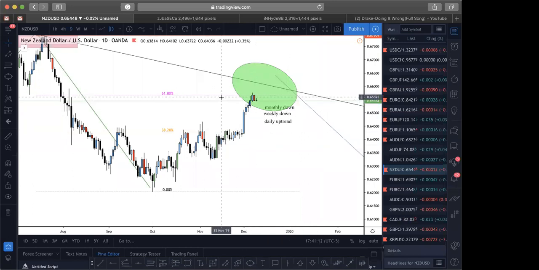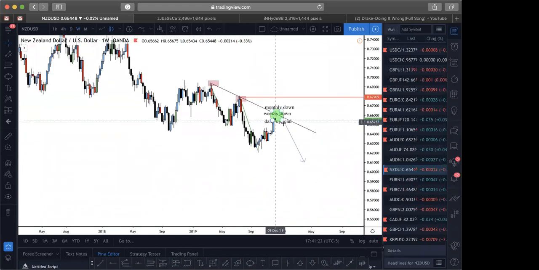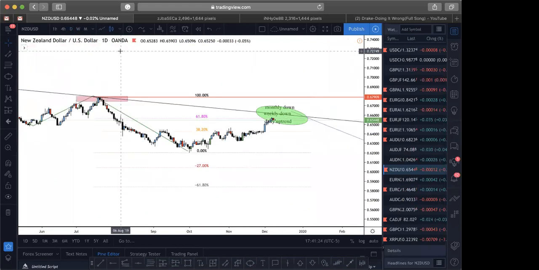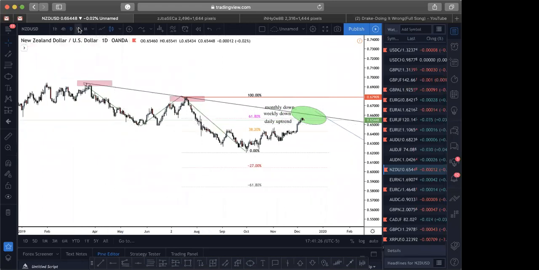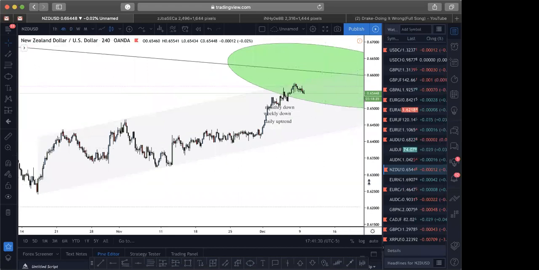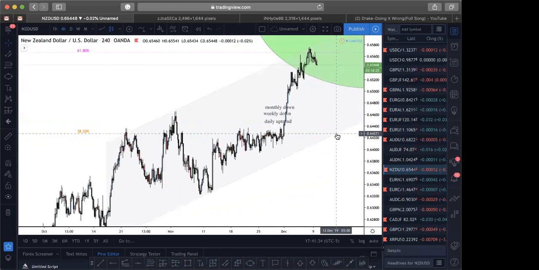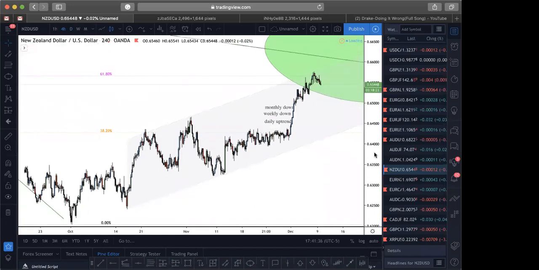So that's a couple of reasons. And then we also have the Fibonacci, and we also have this monthly trend line. So basically, we have confluence on the monthly time frame, on the weekly time frame, and on the daily time frame, because we are aware of what these time frames are doing.